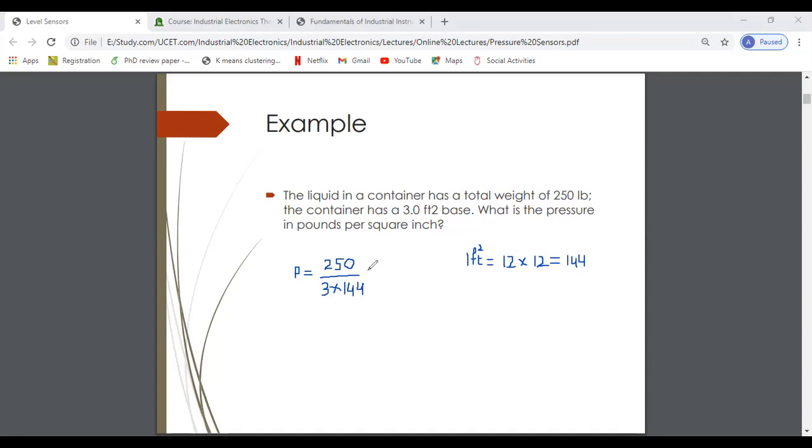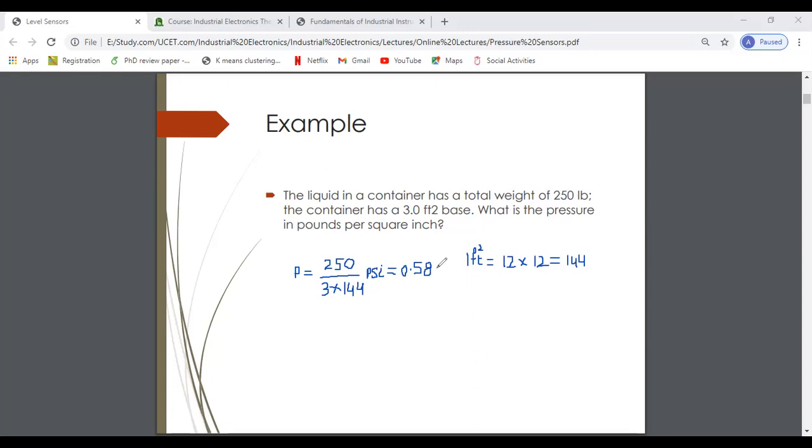So which will be equal, in units of psi, and if we calculate this, it will be equal to the value of 0.58 psi.